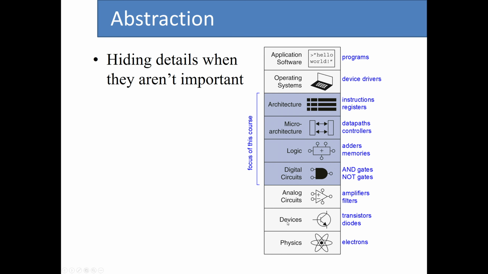Then from these we can have analog circuits, amplifiers, filters, etc. And then we get to the territory of what we need in this course. Basically digital circuits, basic logic gates like AND gates, NOT gates, OR gates. Combining these basic elements, we get to logic circuits in general. Some examples include adders, memories.